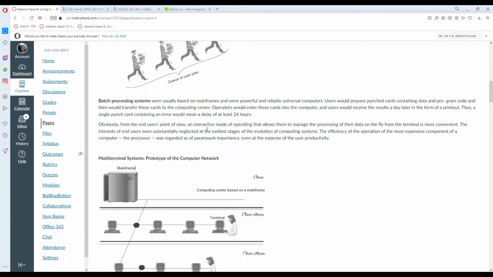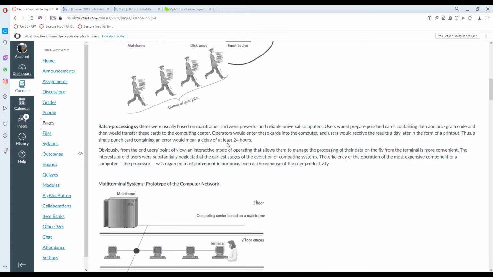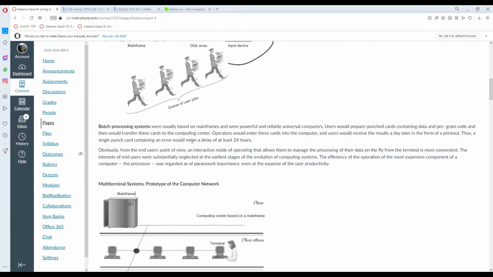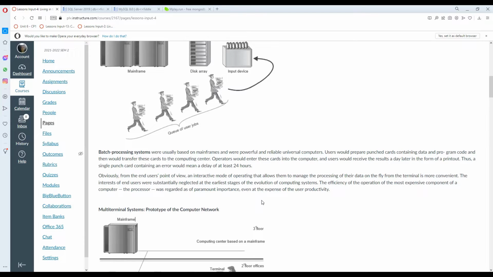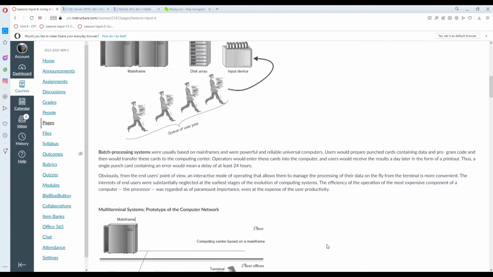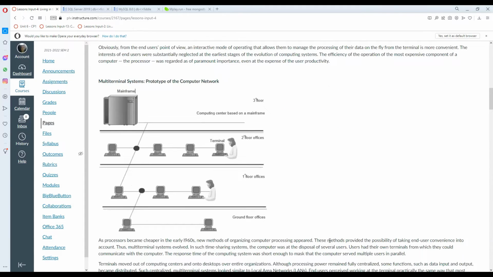So during those times, with batch processing systems, imagine how long it took for the result to be obtained. Any single error would render the entire day a failure because a single error would delay the result processed by the mainframe computer.